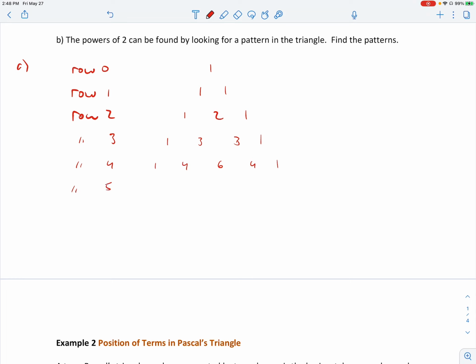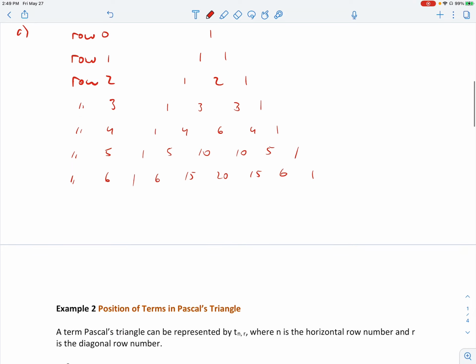And row 5, we would have 1, 5, 10, 10, 5, 1. Row 6, we would have 1, 6, 15, 20, 15, 6, and 1. And finally, row 7, we would have 1, 7, 21, 35, 35, 21, 7, and 1.